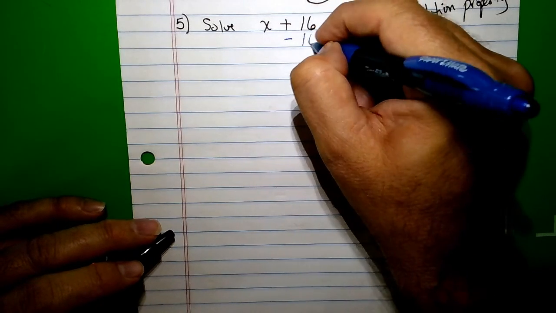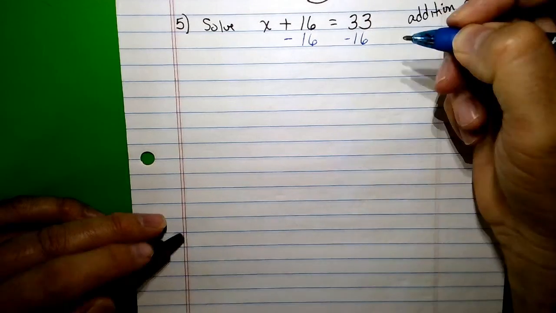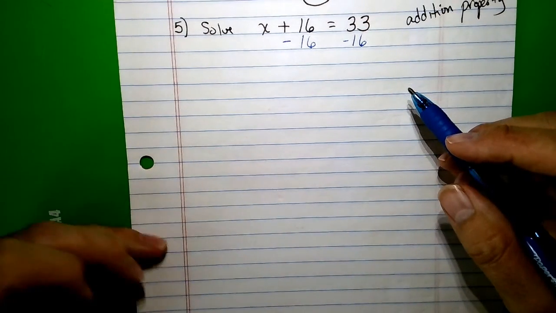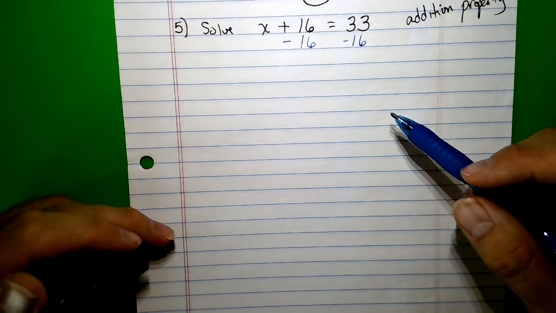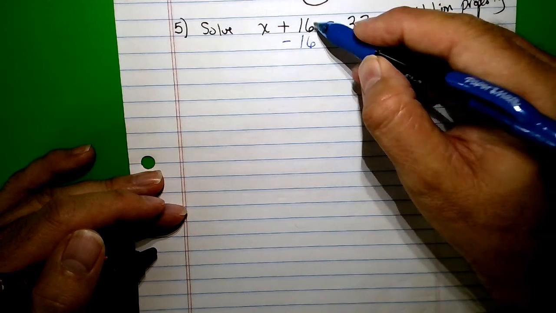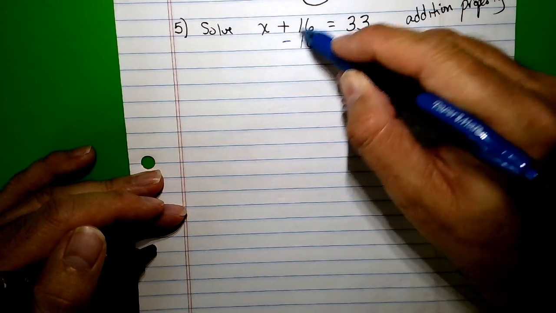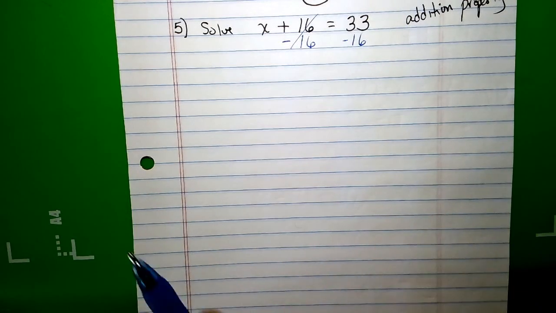And you might say, well, wait a minute, you said it's addition. Yeah, but subtracting 16 is the same thing as adding a negative 16. That's what's called the addition property, not the subtraction property. But are the 16s gone now? Well, yeah, 16 minus 16, that's gone.